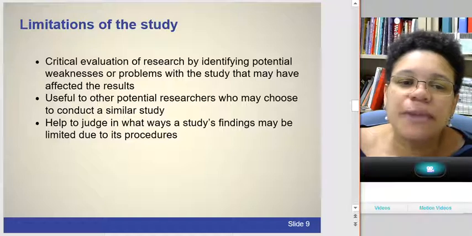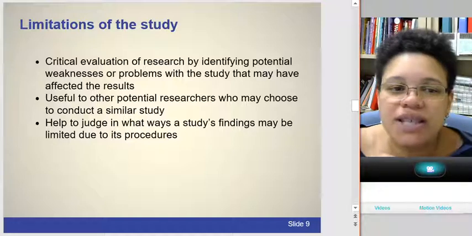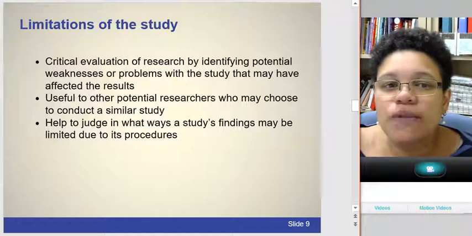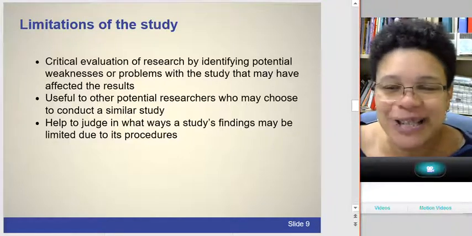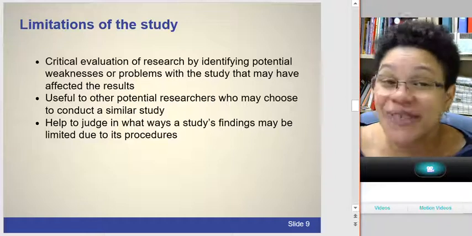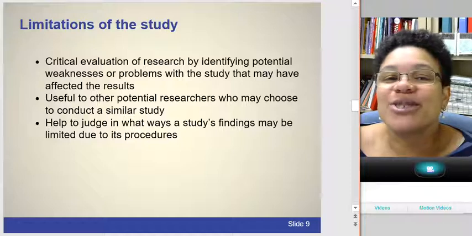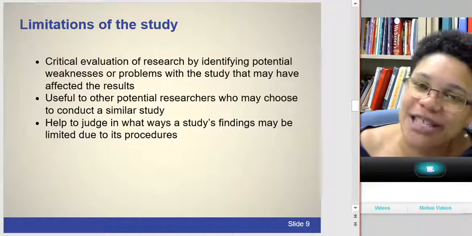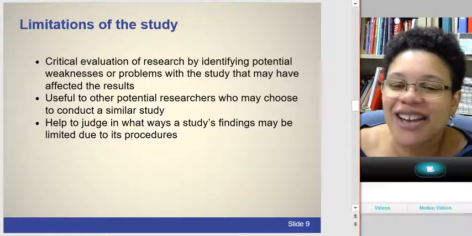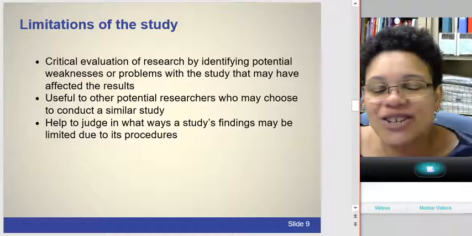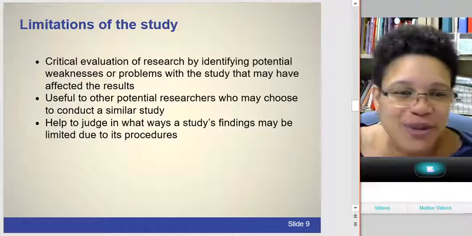It should identify potential weaknesses or problems with the study that may have affected the results. And one of the things about the peer review process is it really helps you identify those limitations, because often if the reviewers don't feel like you've picked up on all the limitations of your study, they have no problem letting you know what those limitations were. That's one of the benefits of the peer review process.